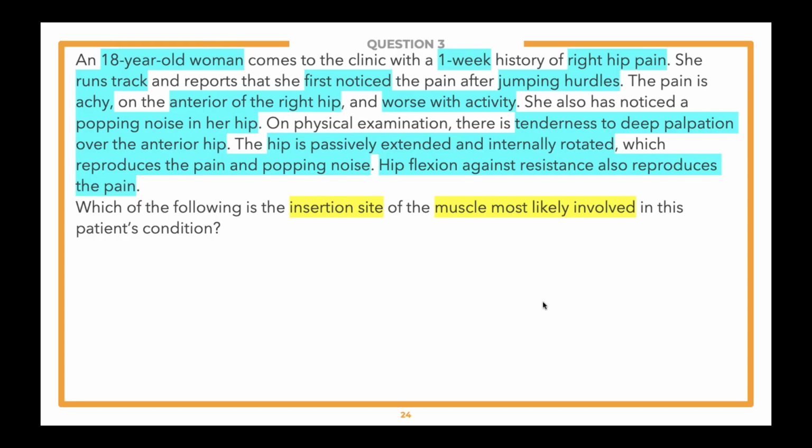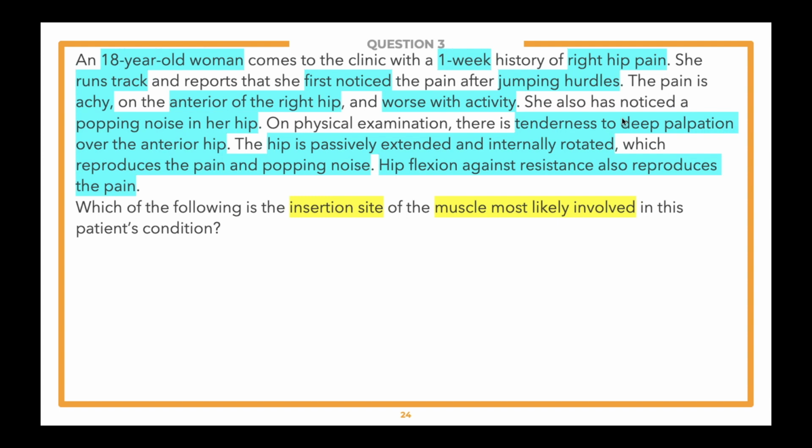Thank you, Sean. So once again, we're going to show you what we think are the important clues in this vignette and the lead-in. We've got an 18-year-old woman with right hip pain, and it's been going on for 1 week, so we have a little bit of information about time. They're then telling us a little bit about what she does. So some social history.